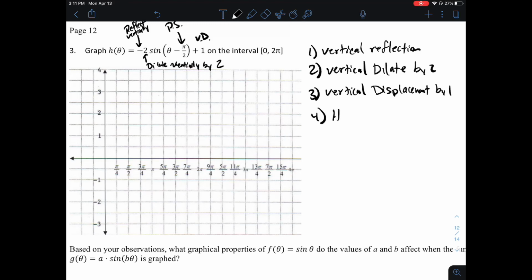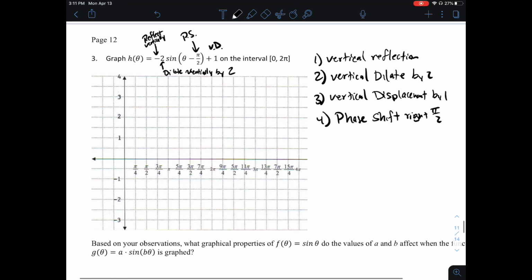And then we're going to have a horizontal, well, it's called phase shift. In our other graphs we would say move horizontally, translate horizontally, shift horizontally. This is called a phase shift when it's a trig function. Phase shift is going to go right pi over 2.